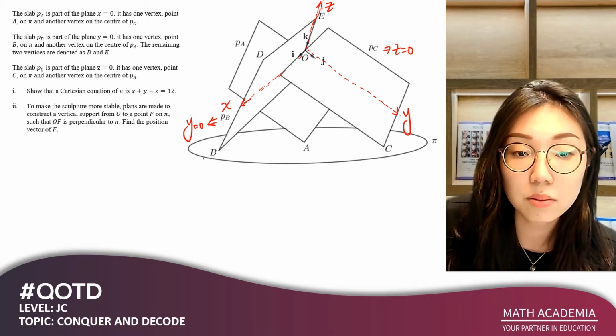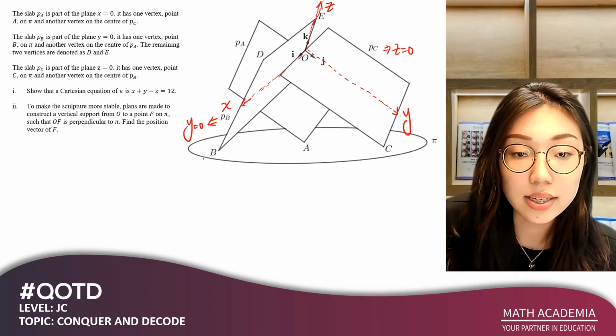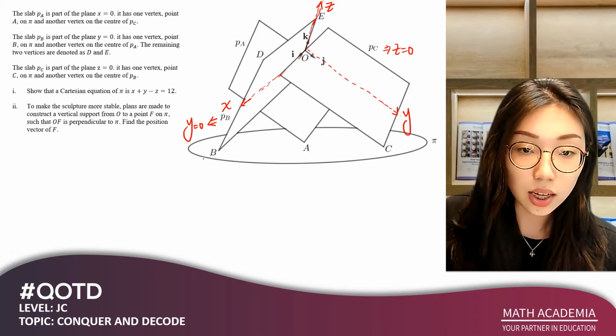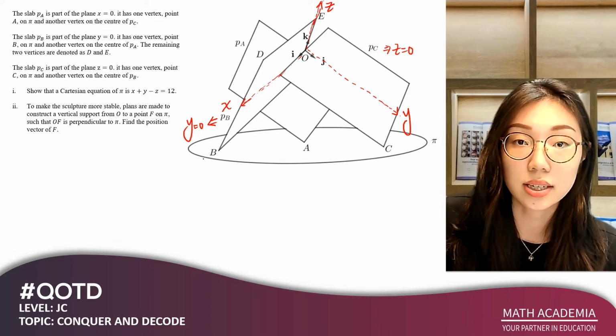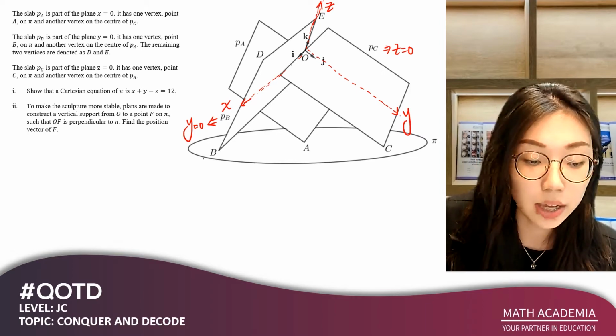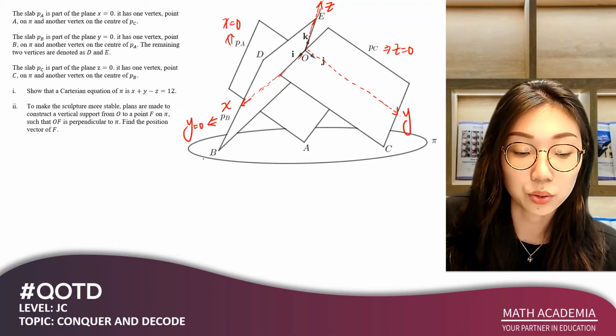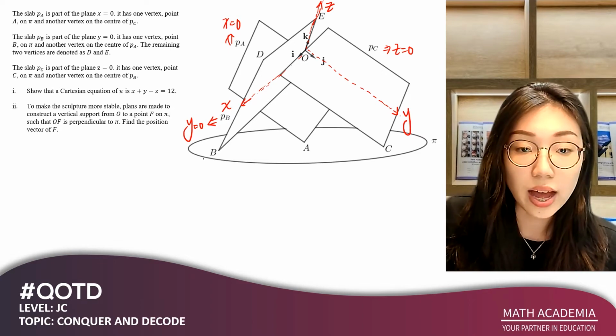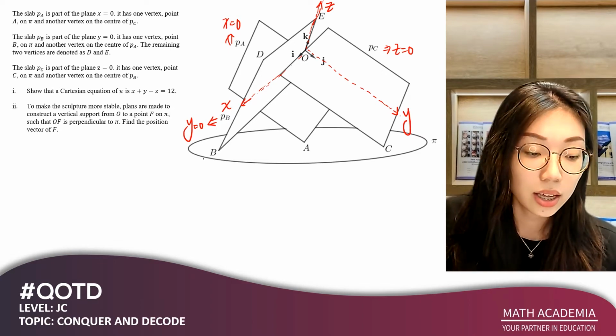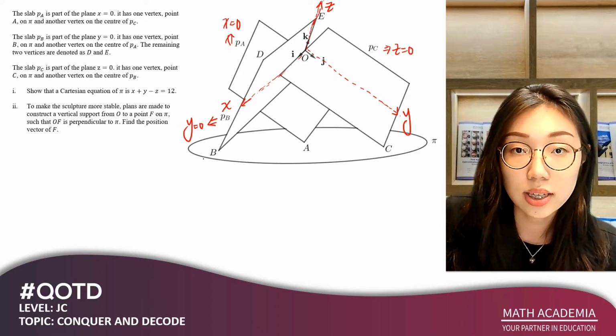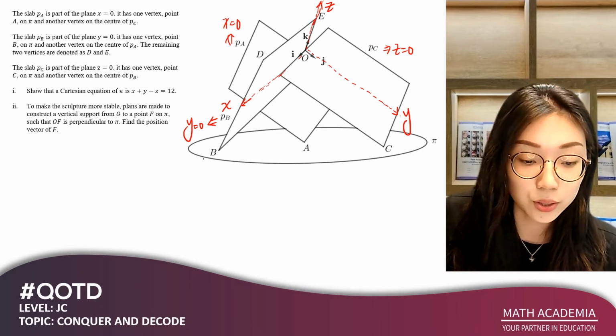And for plane PA, it lies along the yz axis. So for plane PA, we have x equals to 0. Okay, so to find the plane pi, we need to find the coordinates of A, B, and C first.